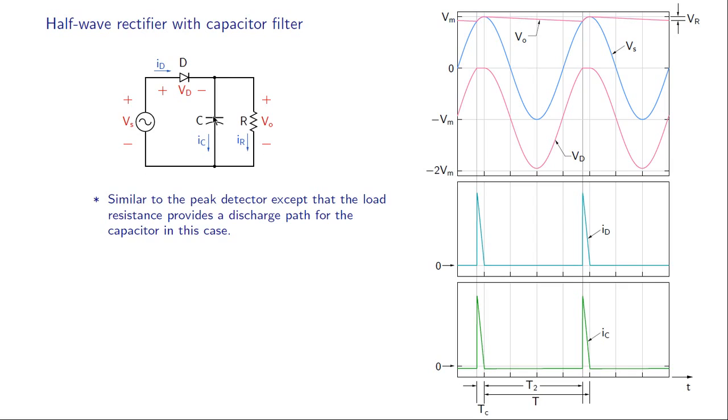The capacitor now discharges through the resistor, and that is what we see over here once again. And this process goes on, and because of this we see a small variation in the output voltage. It is not quite Vm, it's close, but there is a small voltage drop in Vo.